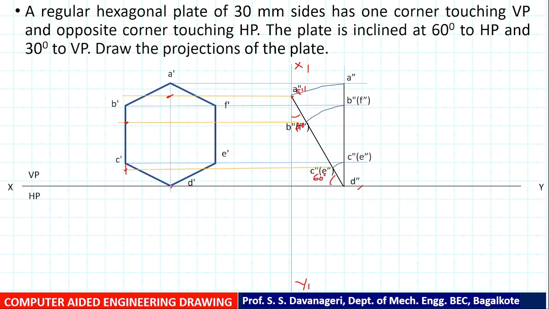D double dash remains the same because it is resting on HP. Now you got E double dash here and F double dash here. Okay. Now join: A1 dash, B1 dash, C1 dash, D1 dash, E1 dash and F1 dash. Now let us join all the points with a straight line.